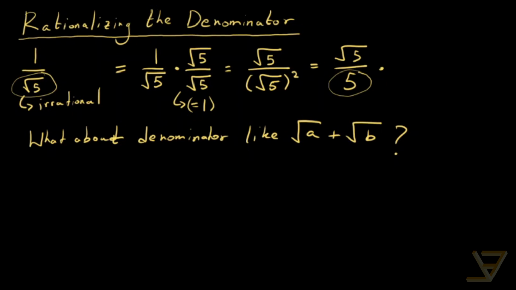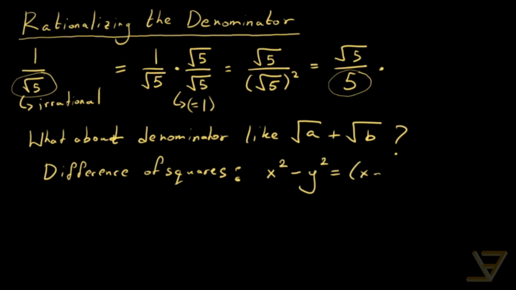We'll be needing a certain factorization called difference of squares. What that says is that x squared minus y squared is equal to x minus y times x plus y. It might seem a bit weird because we have 2 terms here and 2 terms here, so there should be 4 terms here, but there's some cancellation that leaves only 2 terms, which is why this identity is famous.